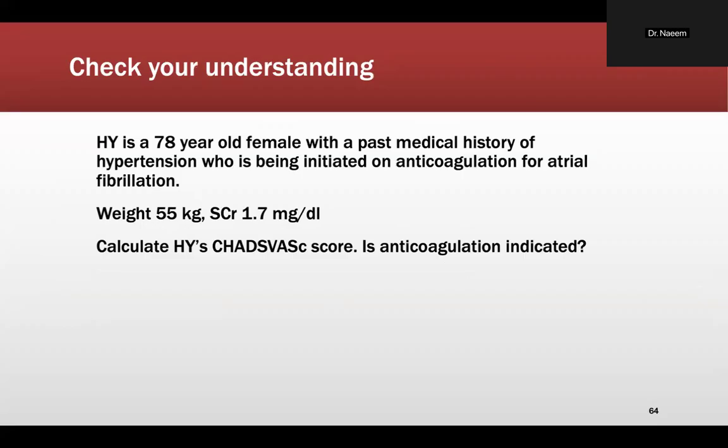Based off of the CHA2DS2-VASc criteria, she gets 2 points because her age is above 75. She's a female, so she gets a point for that. She has a history of hypertension, so she gets a point for that. Altogether that's 3 points, and that means that yes, as a female, she would be a candidate for anticoagulation.